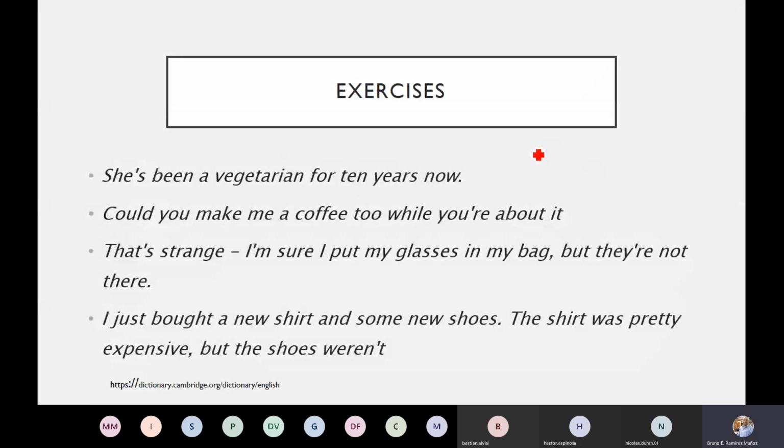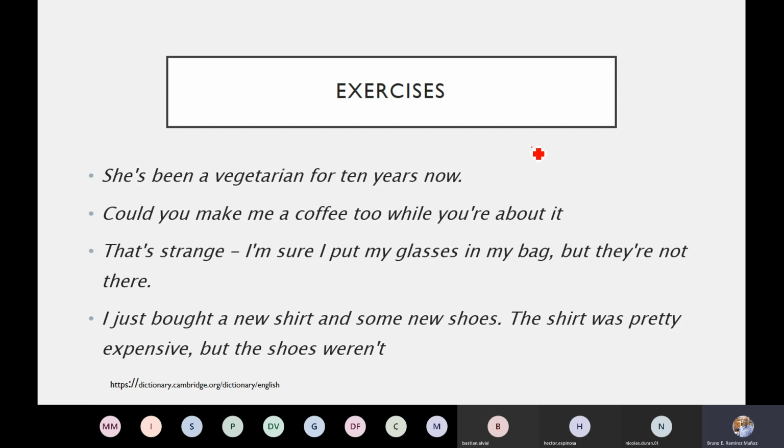In this slide, we have 4 sentences. I want you to read these sentences on your own and mark the words which are going to be stressed, the ones that are going to be used in strong form.